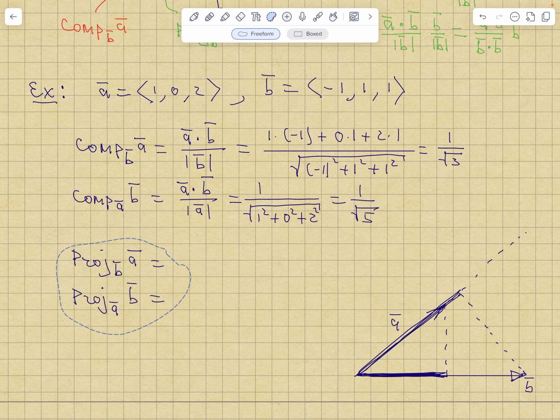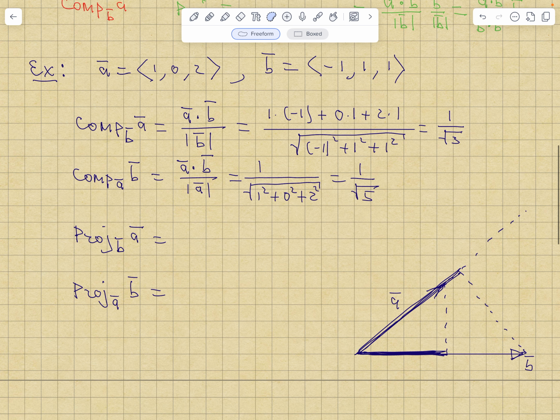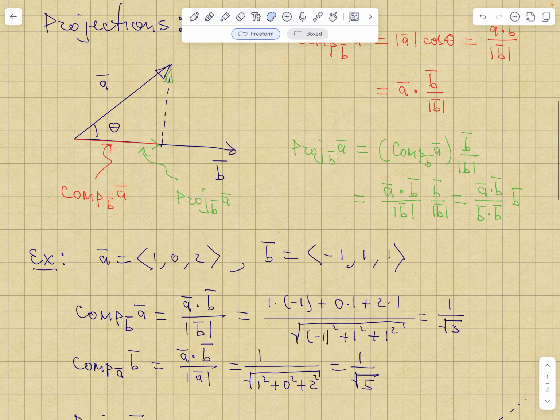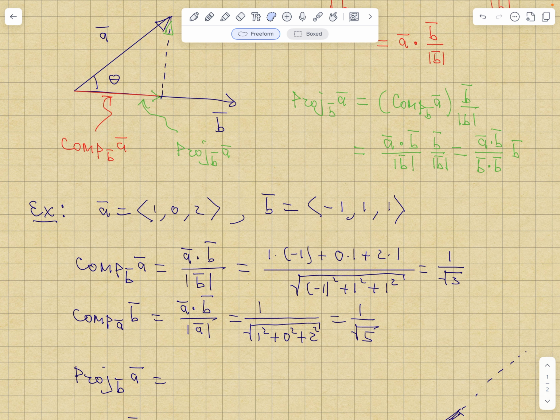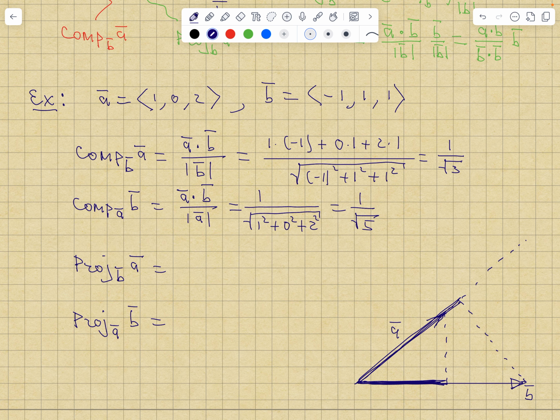Okay, and so now we find projections. Projection of a onto b is this, or we can use that expression because we know the component of a onto b already. So either way, this is going to be a dot b divided by b dot b times b.